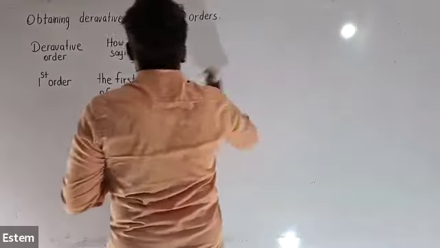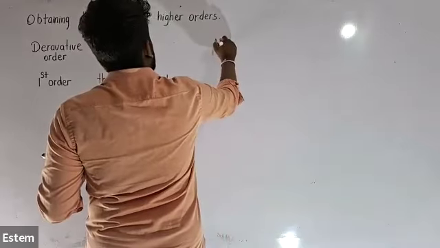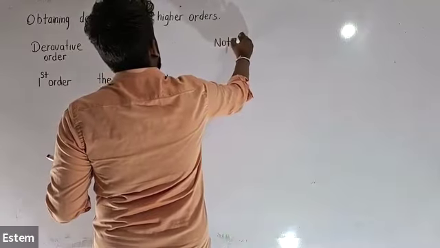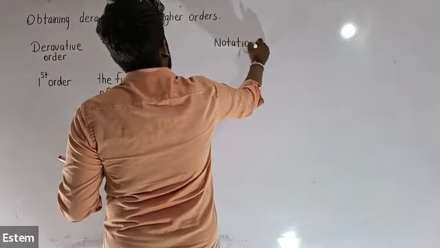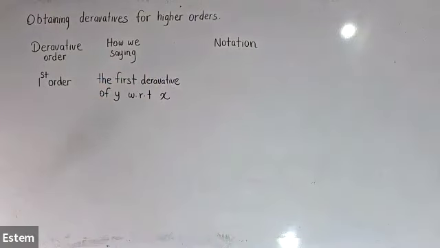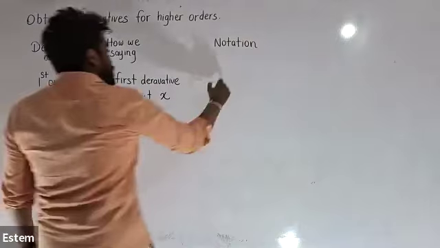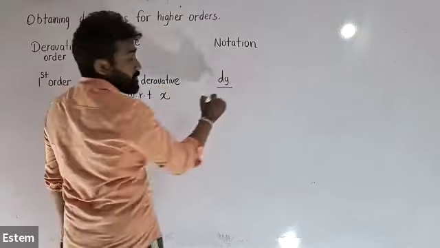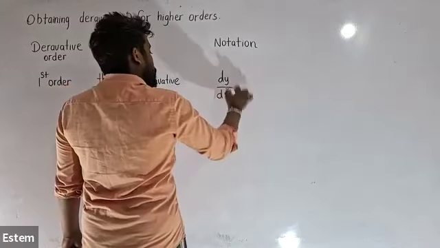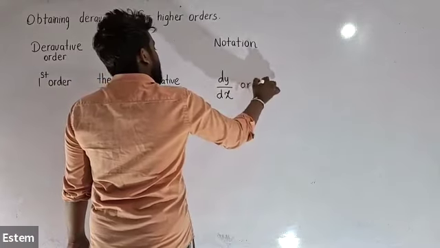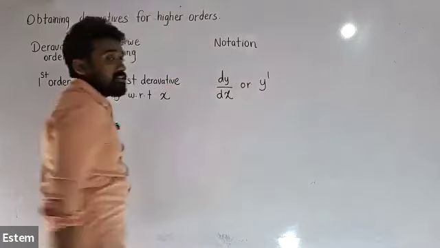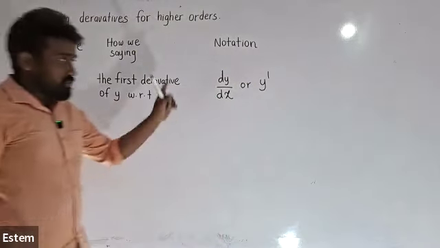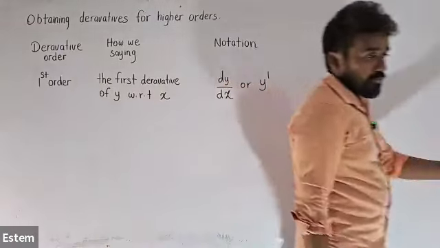Then what is the notation? Notation is dy over dx. We all know that. We can write this as y dash also. We use the symbol y dash also.